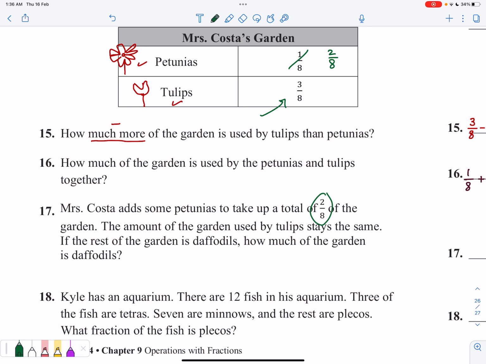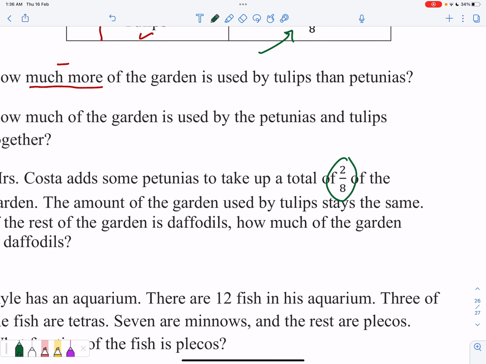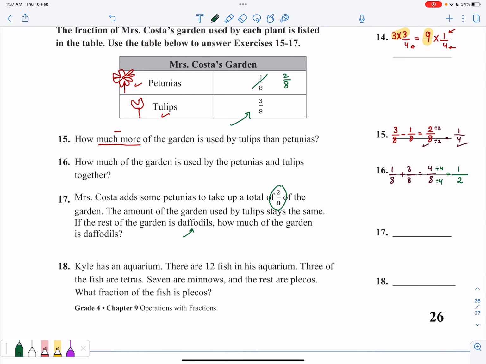Then it says, if the rest of the garden is daffodils, I guess. So this is a third kind of flowers. Now he added another kind, which is daffodils. This is a hard word to pronounce. How much of the garden is daffodils?